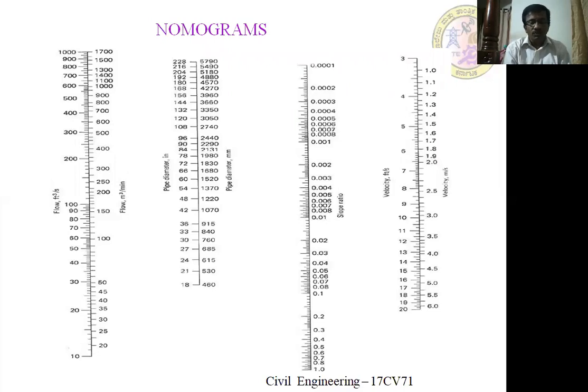Nomograms. So when you go for the design of a sewer pipeline, it is a tedious one. Depending upon the length, from manhole to manhole, the value of S goes on varying. Even though Q is the same, Q also goes on varying depending upon the type of the sewers, whether it is lateral sewers, sub-mains, mains, and all these things.